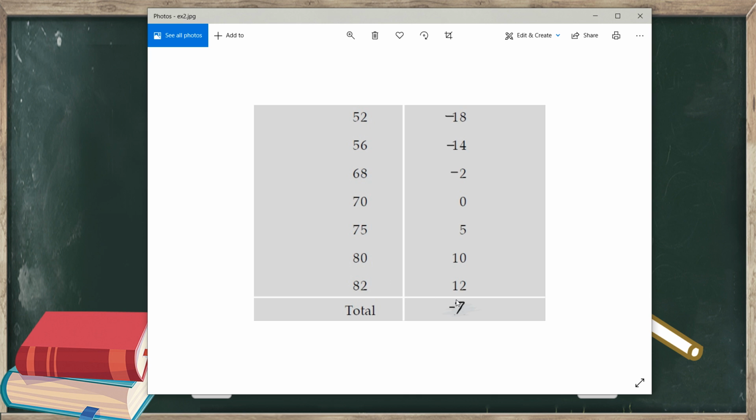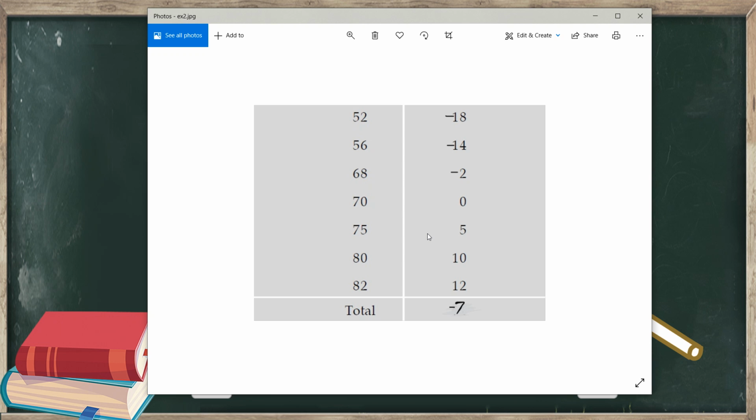When you add these deviation values, you can observe there is some variation from the actual central value. So here the dispersion exists in this case. As you can observe, the deviations are varying.